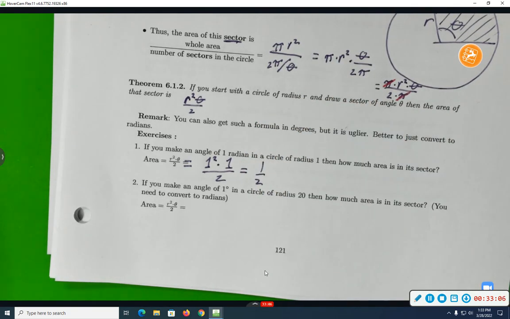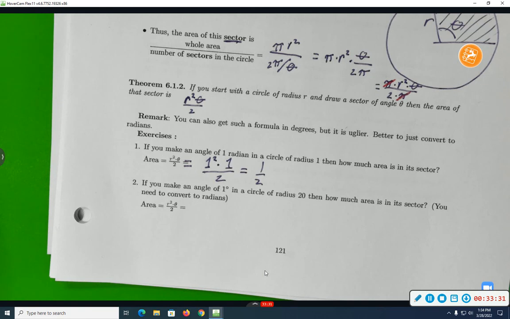Let's see what happens in degrees. In this example, let's suppose that you have an angle of 1 degree in a circle of radius 20. How much area is in that sector? So I guess step 1, do we know what this angle is in radians right now?